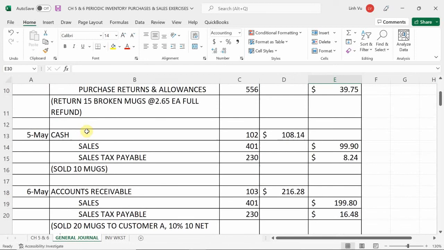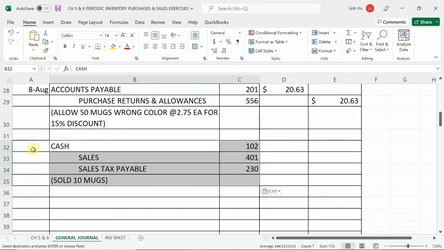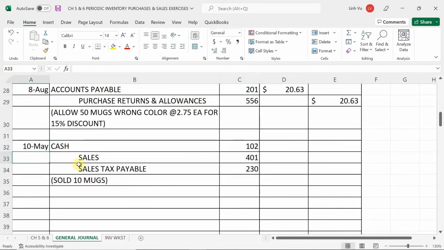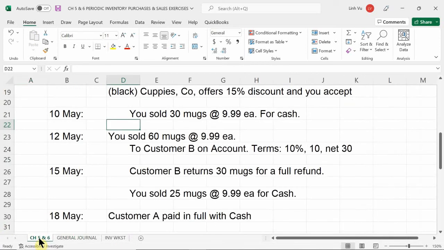For cash, we already know what a cash sale does. And this is for May 10. Okay, let's see how many items we sold. May 10, we sold 30 mugs for $9.99 each.